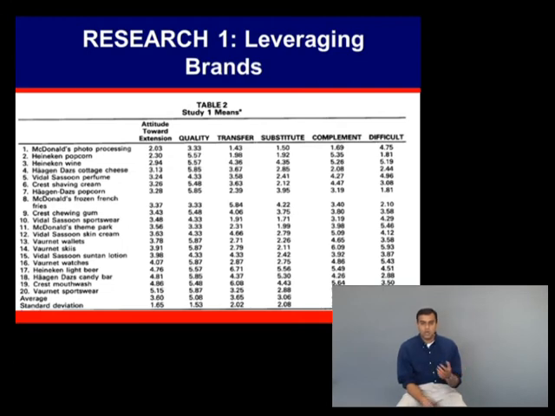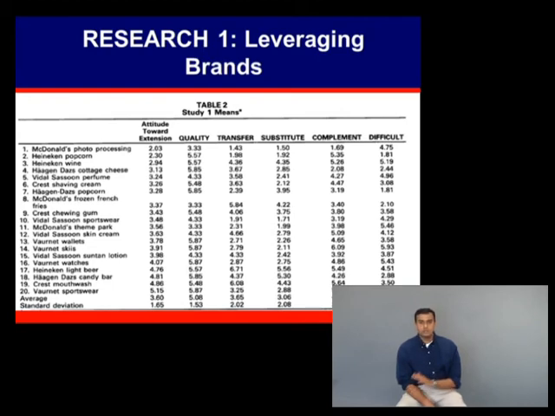So anything associated with McDonald's, for example photo processing, the French fries, or the theme park, all of them are close to 3s. Whereas if you look at something else, let's say Heineken popcorn, 5.57. Heineken wine, which seems like a closer category to the beer that they're selling, 5.57. So if you have poor quality perception to start with, maybe the extension doesn't gain much, and you get poor perceptions of the brand extension as well.